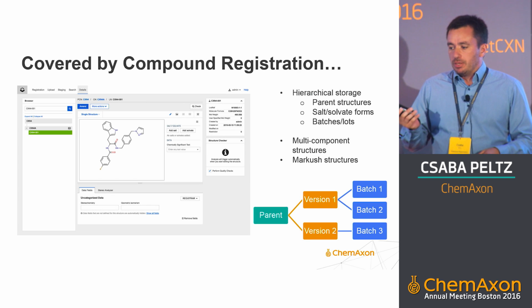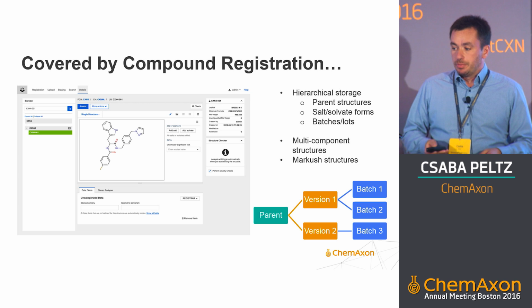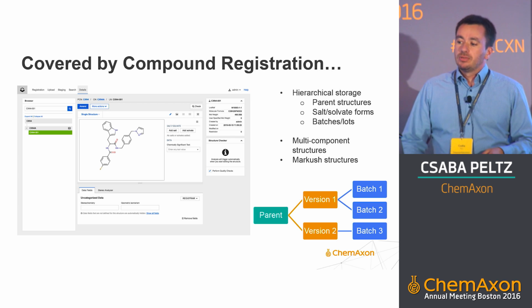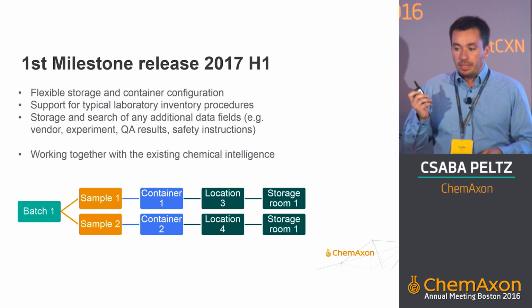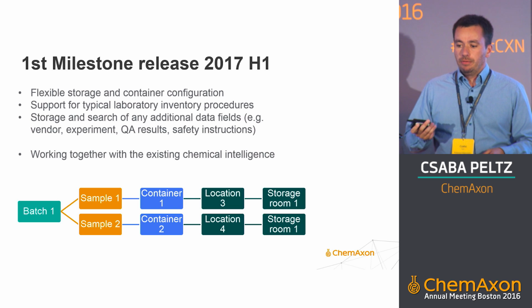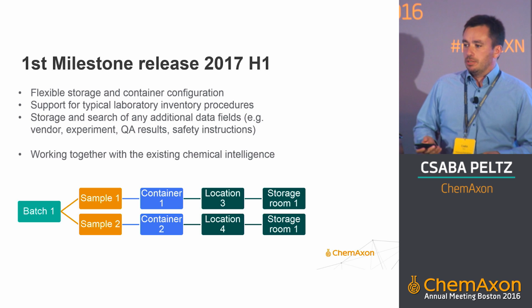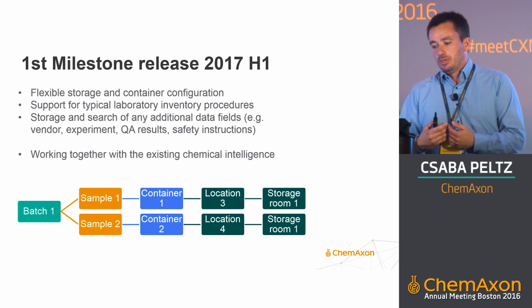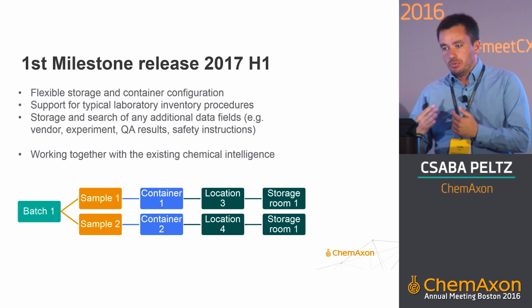These are the things that are already covered, so we can treat the batches within the registration system right now, even with the multi-component structures. And what we plan to have in the future inventory product is a flexible storage and container configuration that supports the most typical lab use cases.